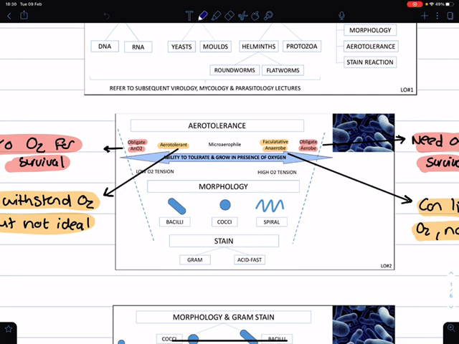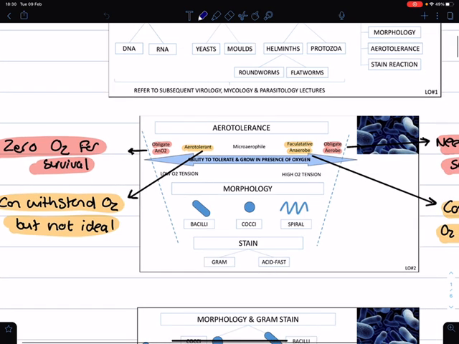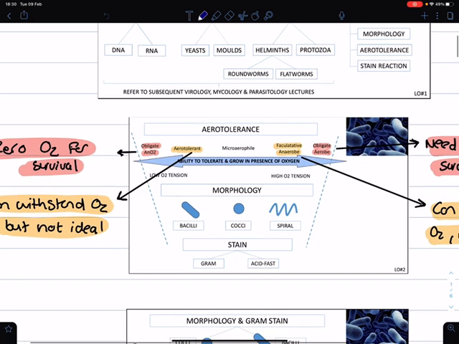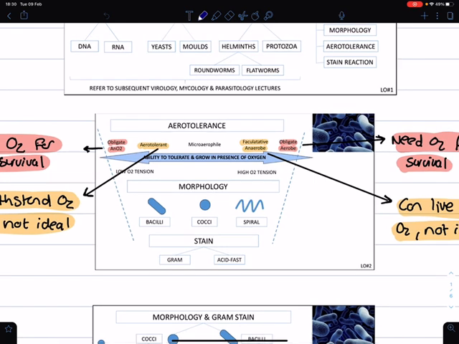An obligate anaerobe is a microorganism that can't survive in the presence of oxygen, whereas aerotolerant can survive with the presence of oxygen, but it's not ideal. A facultative anaerobe can survive with or without oxygen, but prefers oxygen. And then an obligate aerobe can only exist in the presence of oxygen.